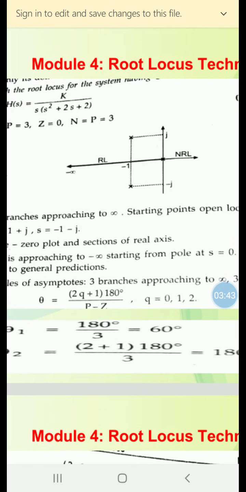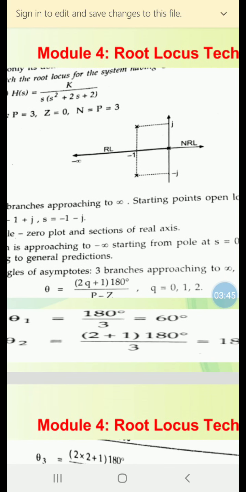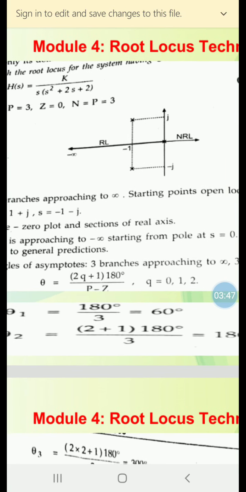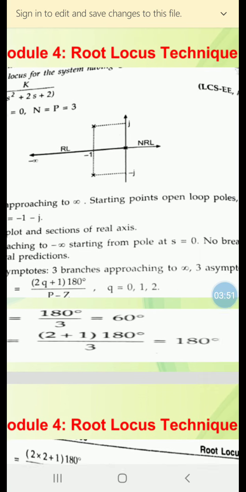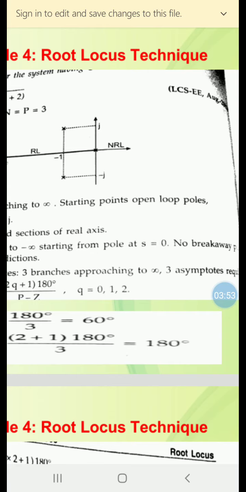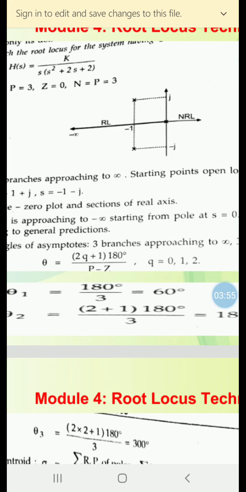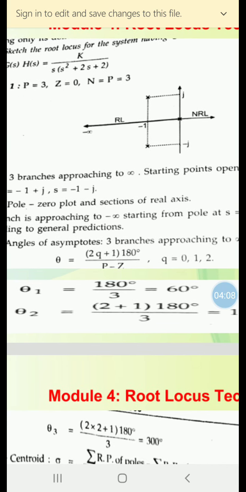Step 3 is angles of asymptotes. As there are 3 branches approaching infinity, there will be 3 asymptotes required. The formula for asymptote finding is theta equal to (2q + 1) × 180 degrees divided by (P minus Z), with q equal to 0, 1, 2.